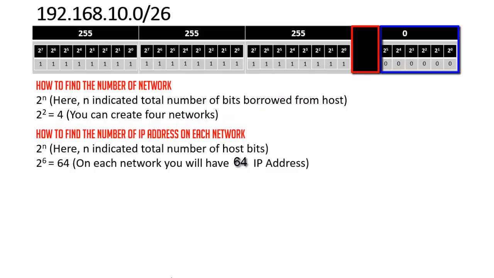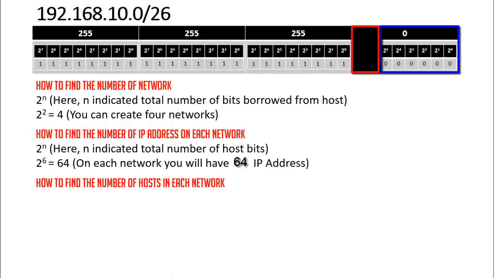Now let's look at how to find the number of hosts on each network. Guys, the number of IP addresses and the number of hosts are different. The number of IP addresses means the total number of IP addresses you get on each network, and the number of hosts means the total number of IP addresses you can assign to the devices in a network.